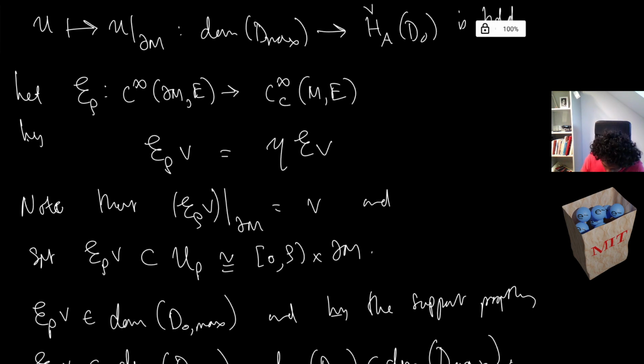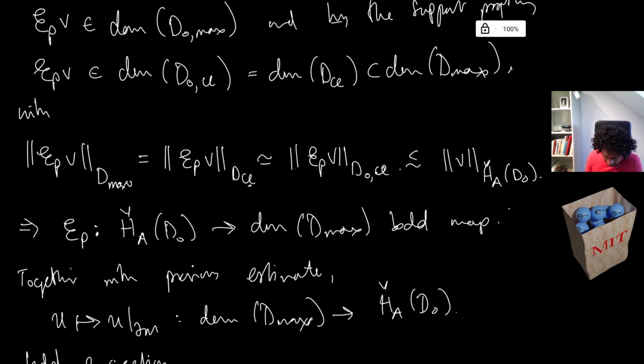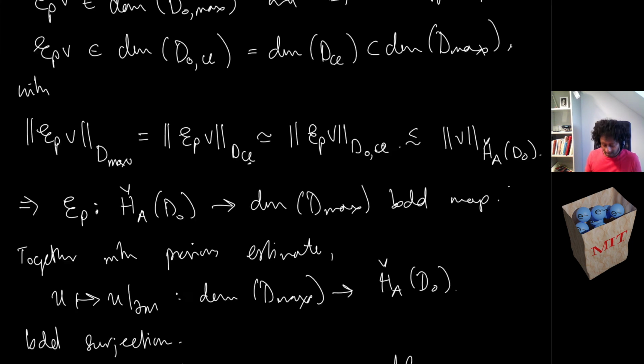So you're right. I didn't mean to say that this is a bounded surjection. This is a bounded map, which gives us that the restriction map is a bounded surjection. Is that clear? Yes.